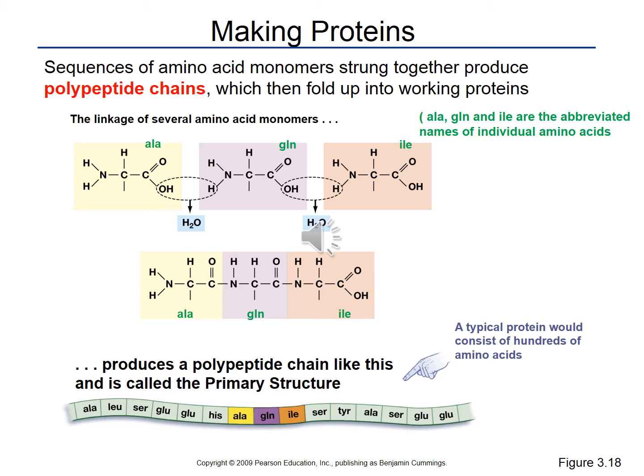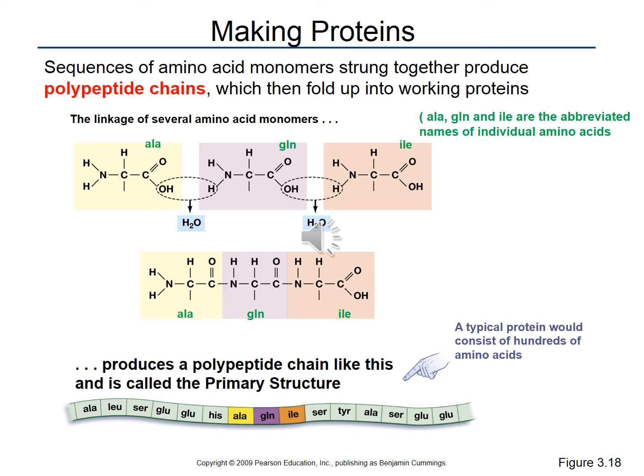Now where you see that covalent bond between the N and the C, that is a peptide bond. And then the next bond that occurs between that middle amino acid and the third one, where water is removed again, that is another dehydration reaction, and another peptide bond forms.